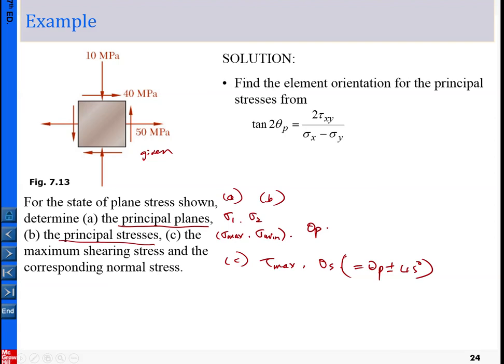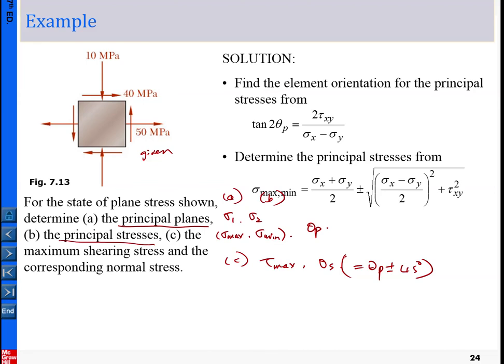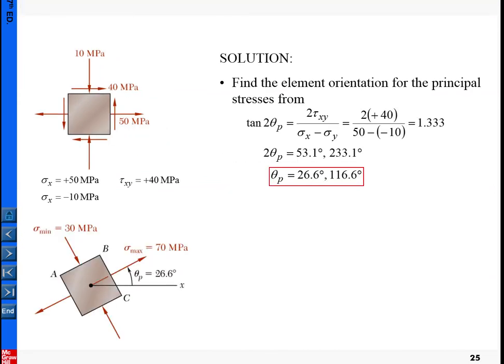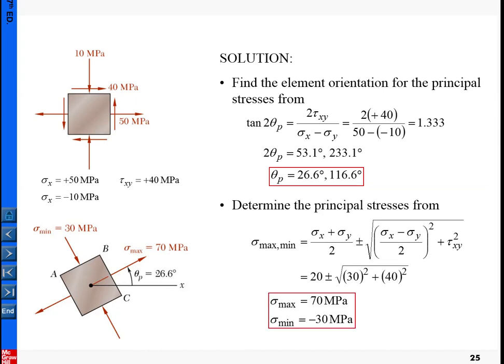The remaining work is to plug in all the formulas we boxed. Again, to remind you, you still need to apply the sign conventions. For example, if you define your coordinate system xy like this, then sigma x equals 50, that is tensile, positive.